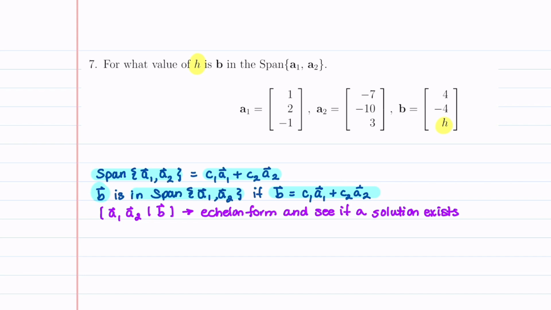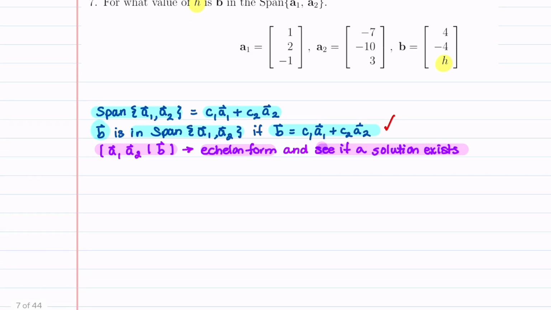In other words, if b is equal to c1a1 plus c2a2. What we're going to have to do to solve this problem is take a1, a2 and augment it with b. That comes from this equation right here. And we're going to put that in echelon form, and we're going to see if a solution exists.